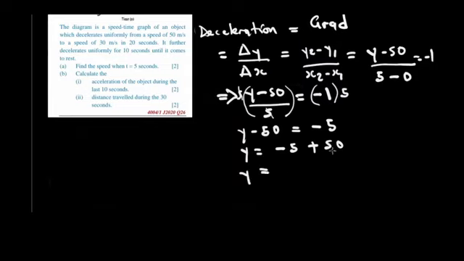This is minus 5 plus 50, which is the same as 50 minus 5, which is actually 45 meters per second. So the speed when time is equal to 5 seconds is 45 meters per second.